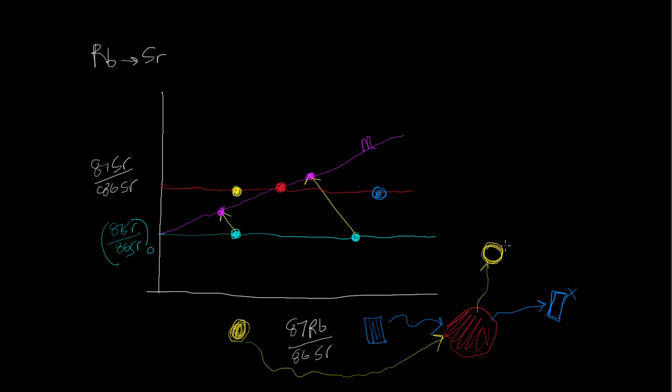And if now we let these two minerals, which are now solids, age, what's going to happen once again is the isotopic composition of these two minerals is going to change in the same way. So for example, this mineral here, maybe its isotopic composition will change like that.